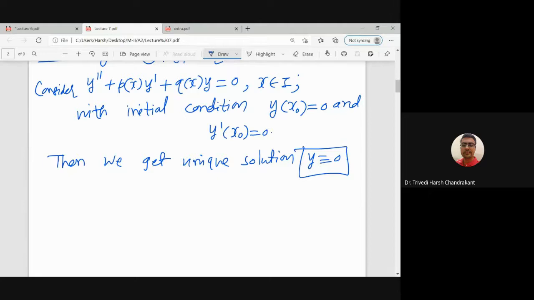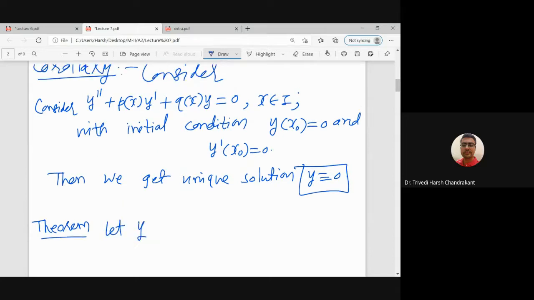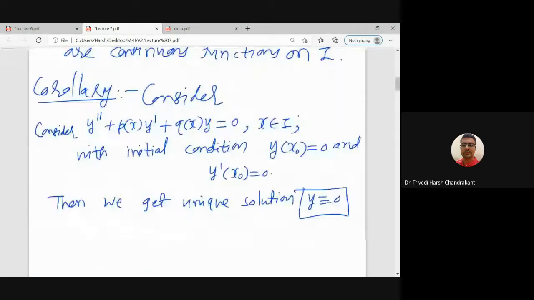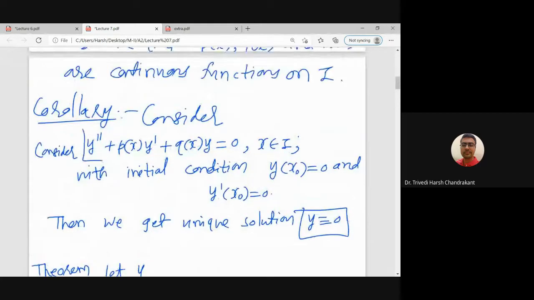Okay, so let us consider this result. We call this homogeneous equation number 2.